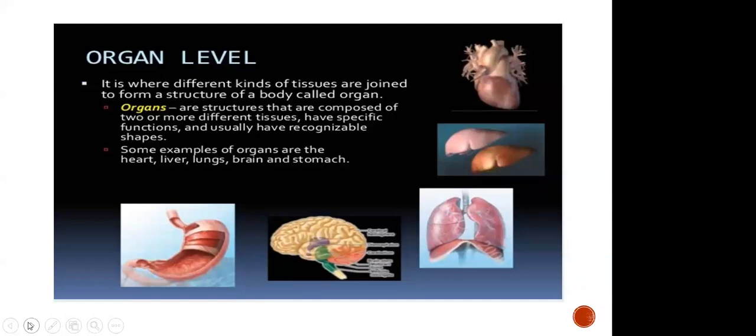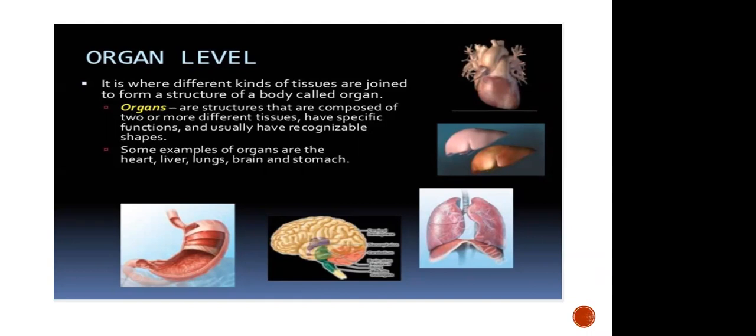Some examples of organs are, look here, heart, liver, lungs, brain, and stomach. These are the different organs which we are observing now.